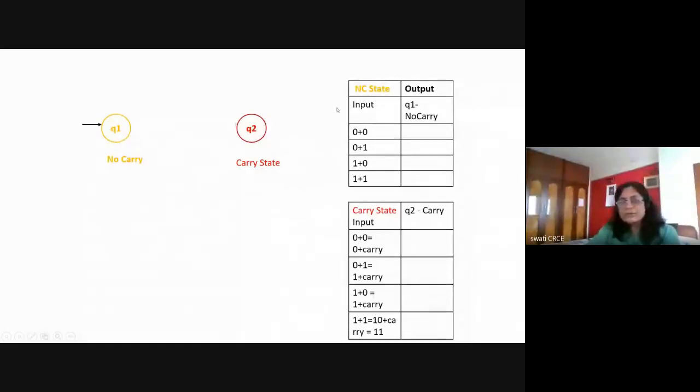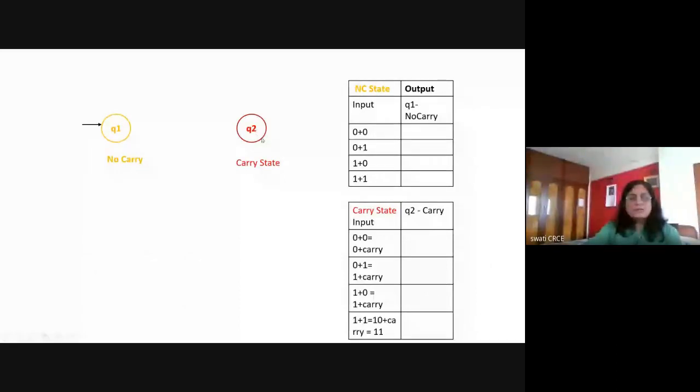Now I have created two different tables. Assume that you are the machine and you are solving the problem. You reach here as the initial state, so your machine is in the no carry state, and by assuming that, you will draw the diagram. Then you shift your focus from Q1 to Q2, and assume the machine is in the carry state. If an input is received, then what will happen?